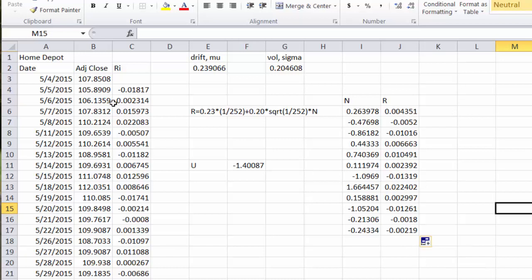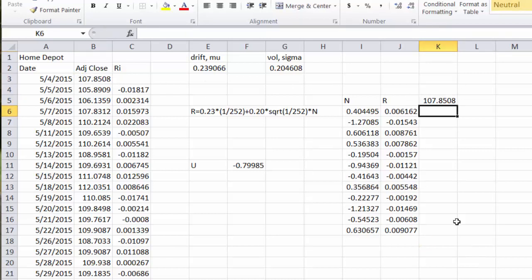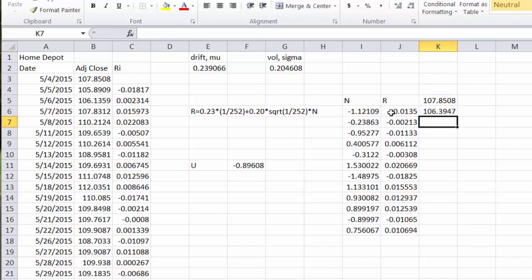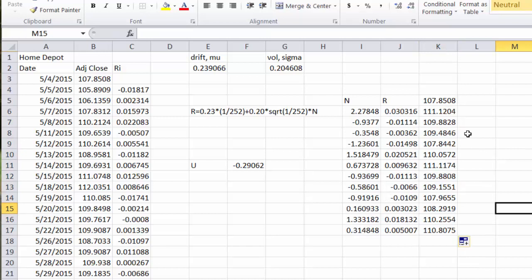And what did I do with the returns over here? Let's just take our starting stock price, and we would go equals this times 1 plus this return. Now that 107.85, I took that from here, that's a lockdown, that's a real number.